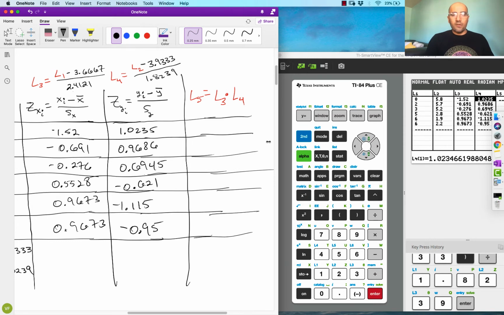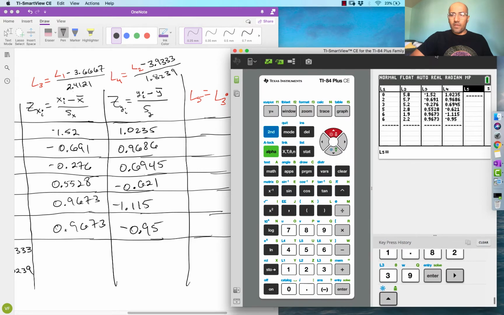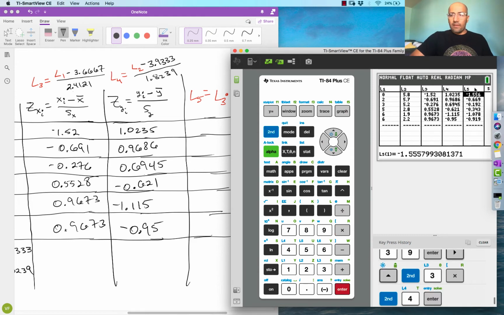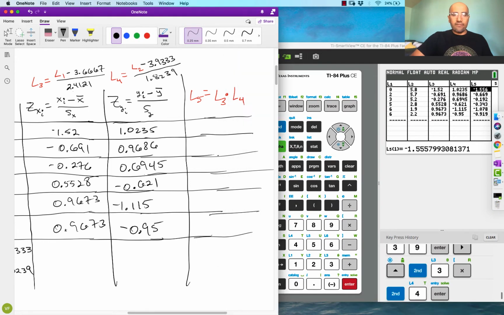So let's go over to our calculator and go to the right, go up, and we're going to do L3 times L4, enter, and then those are the values in list 5. So let's put that over here.